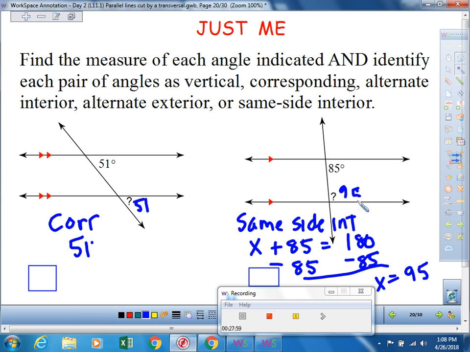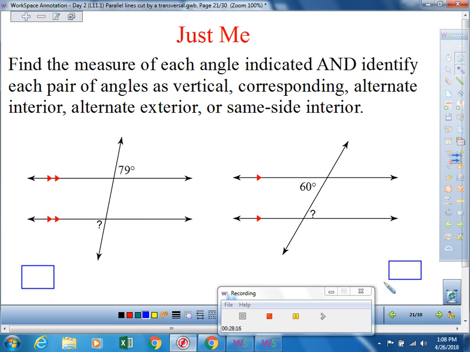It's same side interior and 95 degrees. Same side angles are supplementary. The one that's the longest name, same side interior, that you have to write out, is going to be the most work. Okay? All the other ones are congruent. Okay, I look here. They're both on the exterior. So this is alternate exterior. Alternate exterior angles are congruent.